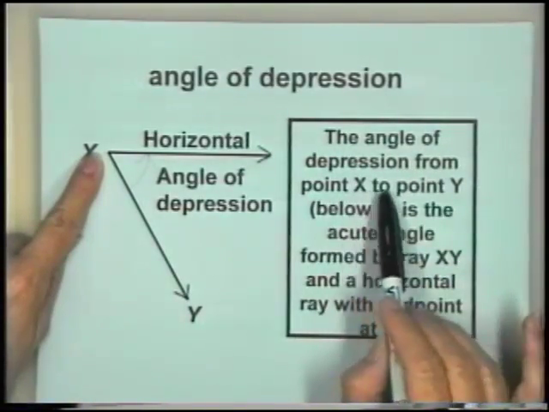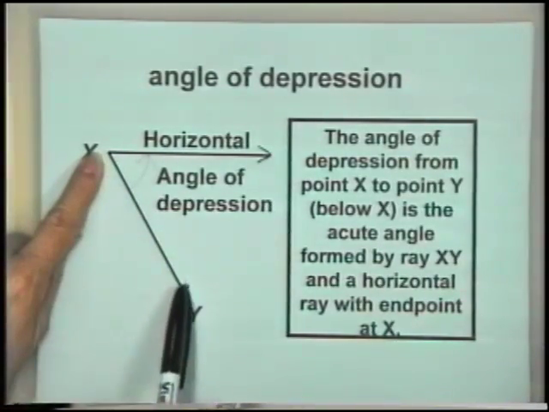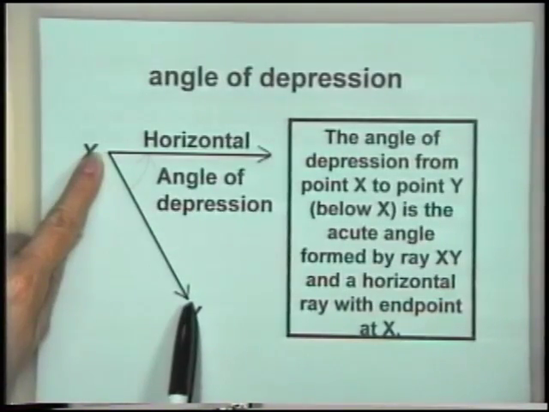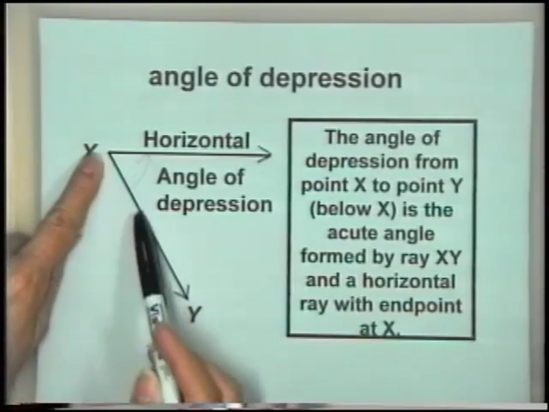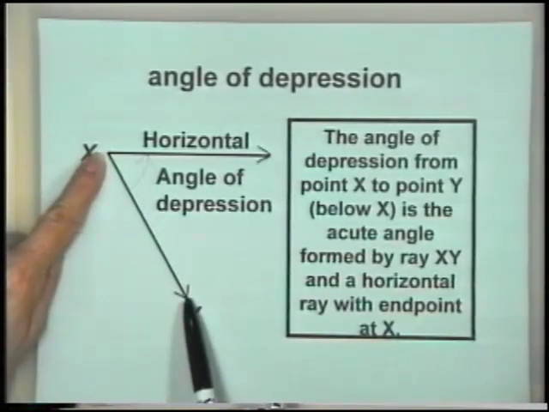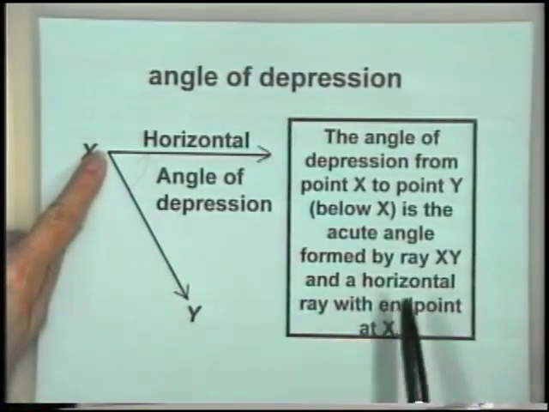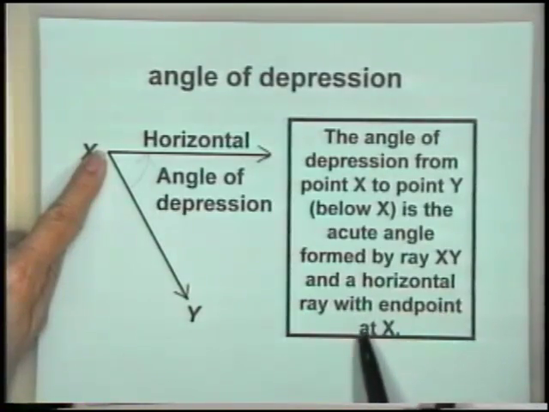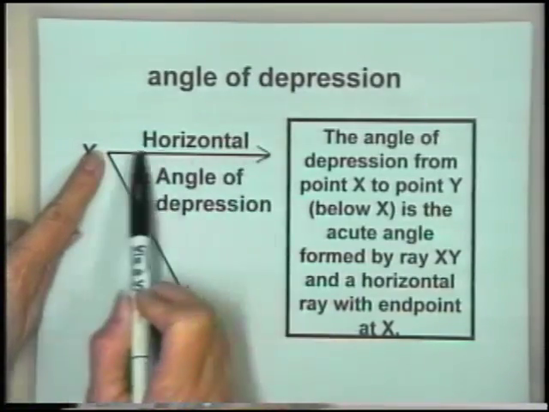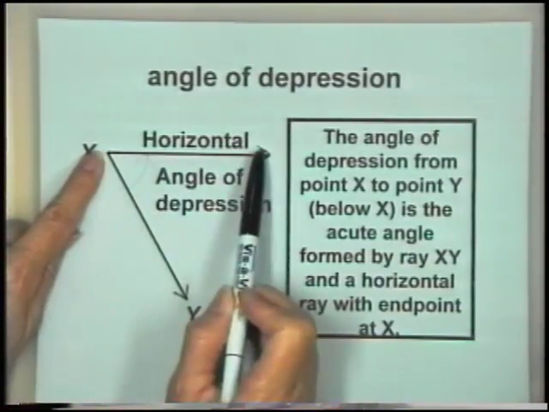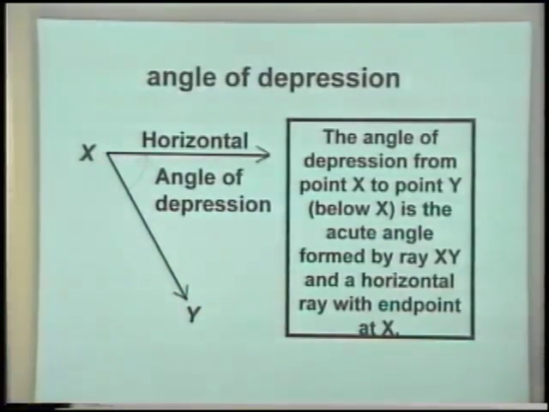The angle of depression from point X to point Y, and what's important is you start at point X and you're looking at something below point X, is the acute angle formed by the ray XY. This ray, or you can call that the line of sight, or just think of it as the line between X and Y, and a horizontal ray with endpoint at X. The horizontal ray is whatever would be horizontal, meaning that it would be parallel to the ground down here.